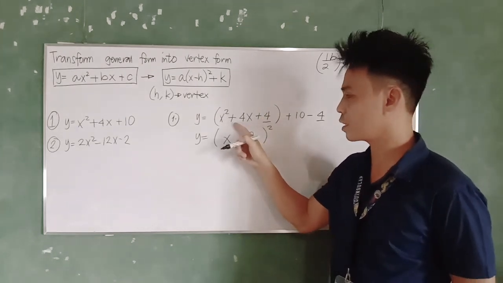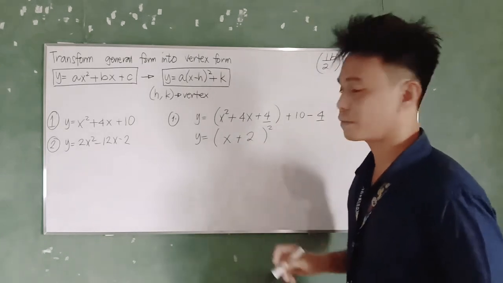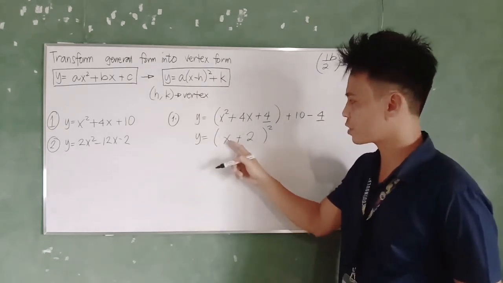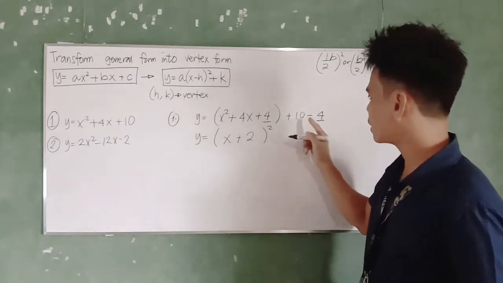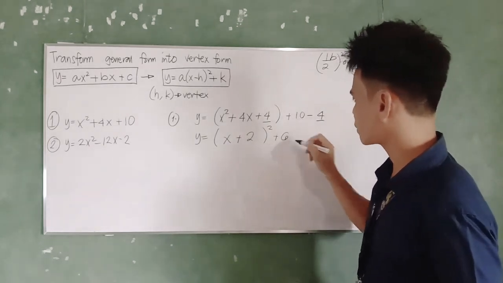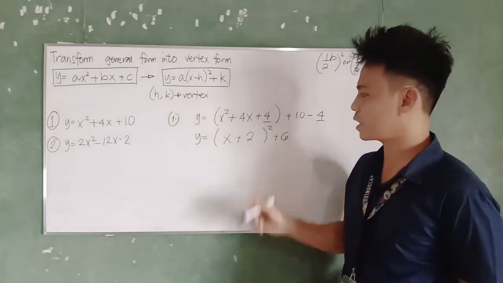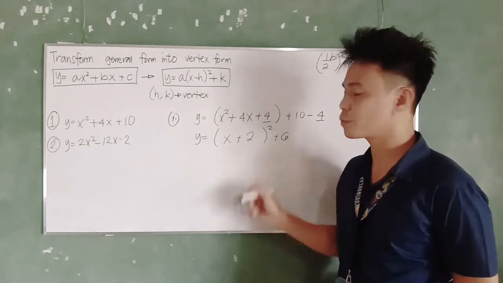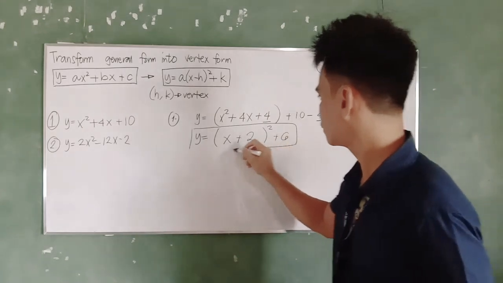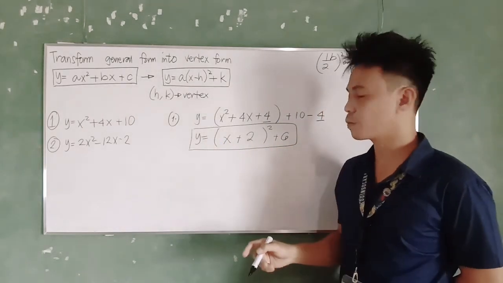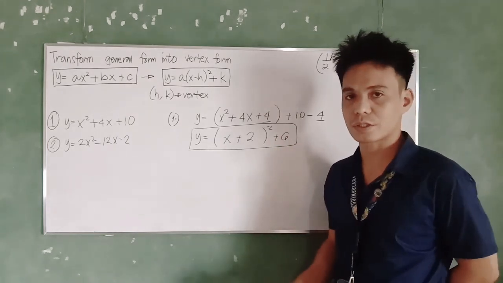So since the sign of your b there is positive, so therefore, you have the positive sign. So your answer is x plus 2 quantity square. And this is 10 minus 4 is positive 6. Okay? So there you have it guys, our answer. So ganun lang po siya kadali. So our answer there is y is equal to x plus 2 squared plus 6.